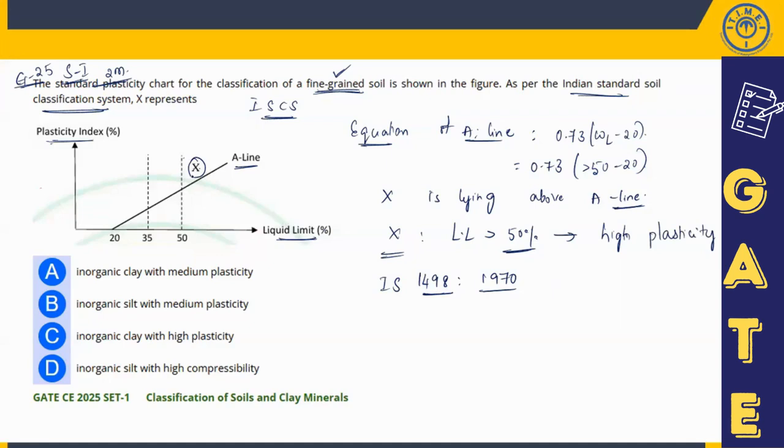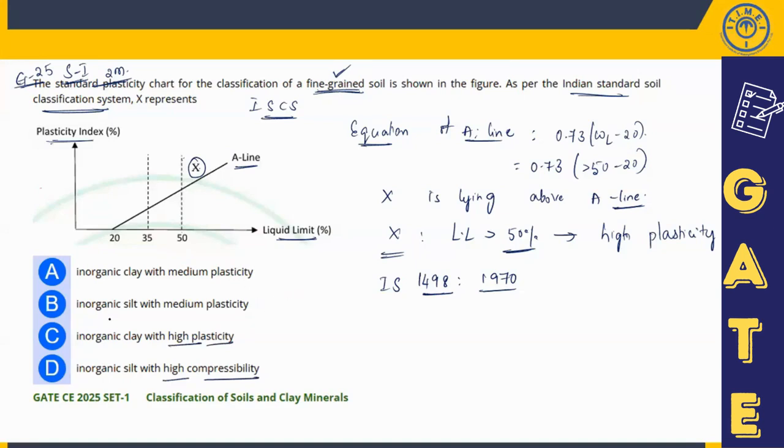Since X is on the right of 50%, it is highly plastic. High plastic and high compressible are the same.